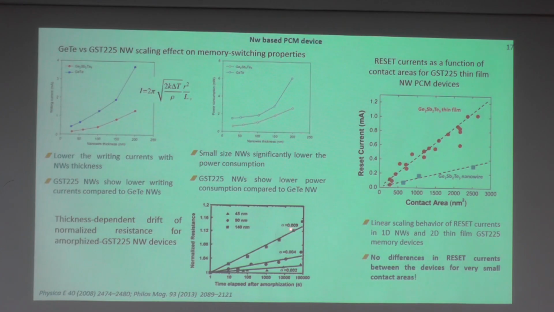So here we have the value of 0.009, here 0.00. So we see also the scaling of resistance drift with material size reduction.